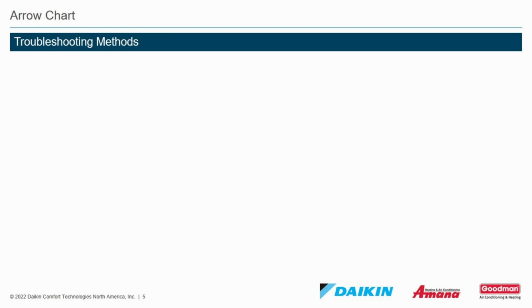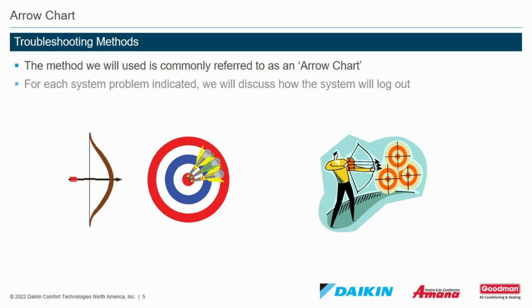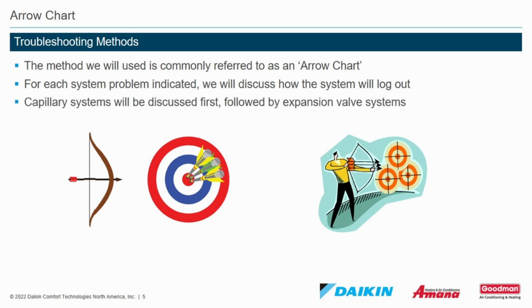Let's talk about troubleshooting methods. The method we will use is commonly referred to as an arrow chart. For each of the problems that we look at, we will discuss how the system should look on your test devices. First, we'll discuss capillary systems such as cap tubes and metering pistons. Then we'll talk about expansion valve systems.